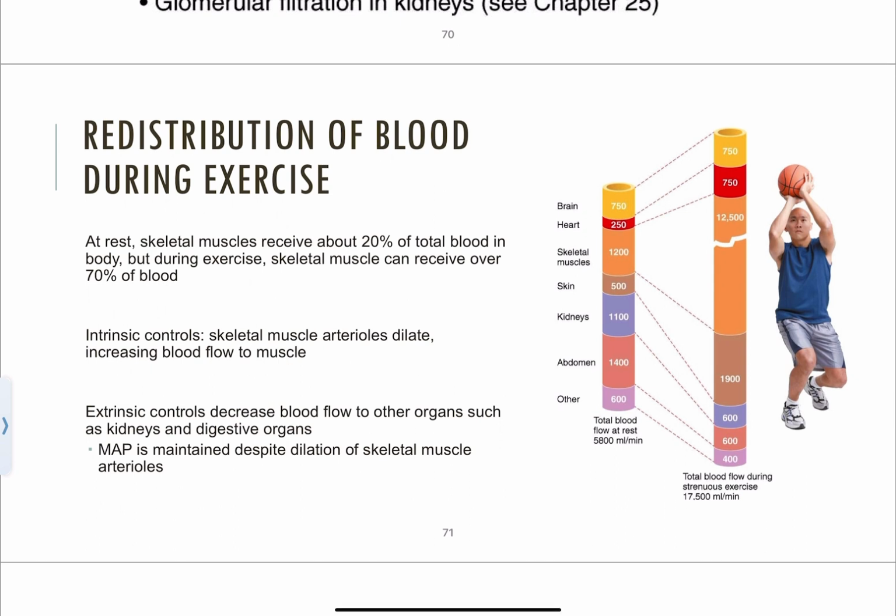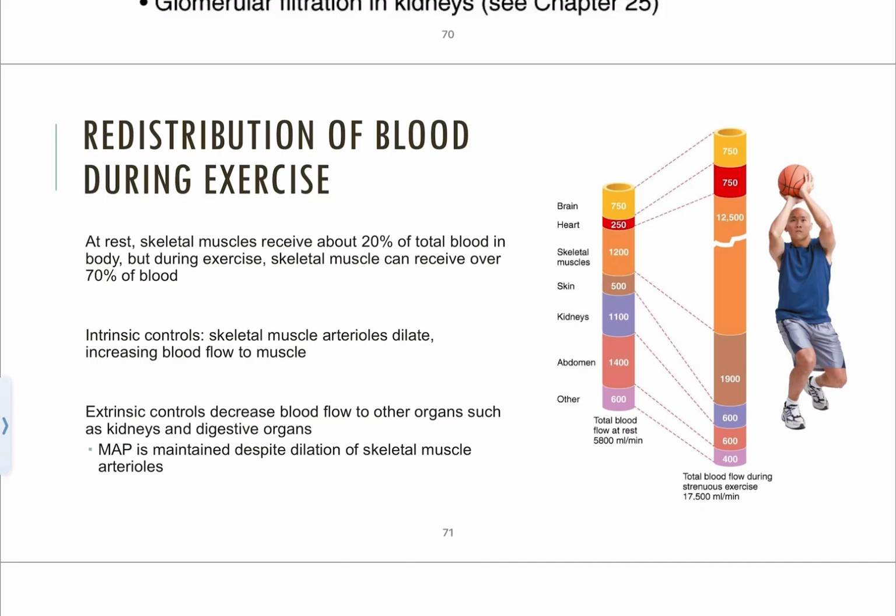So just showing you how we can redistribute our blood flow and blood volume in the event that we were stimulating our sympathetic nervous system. So for example, during exercise. At rest, our skeletal muscles only receive about 20% of our total blood in our body.